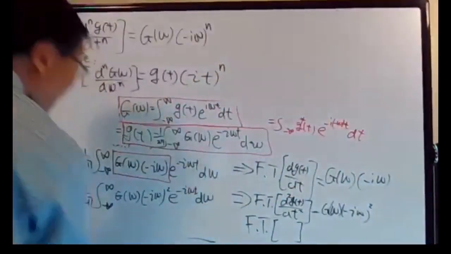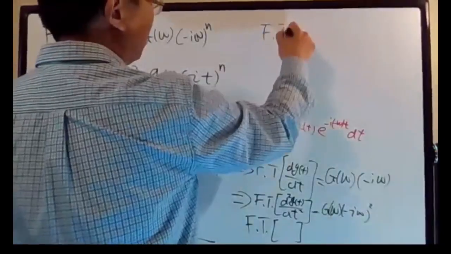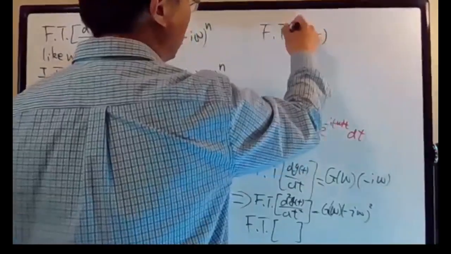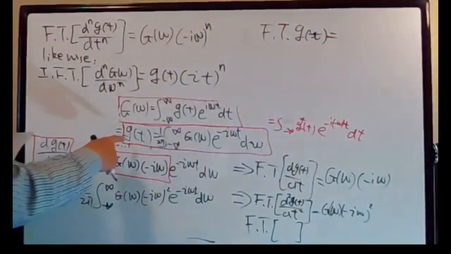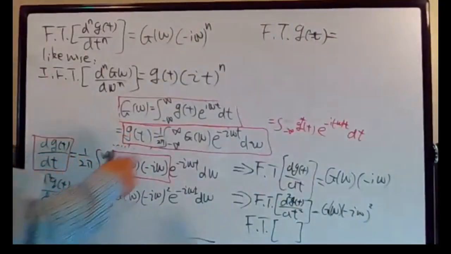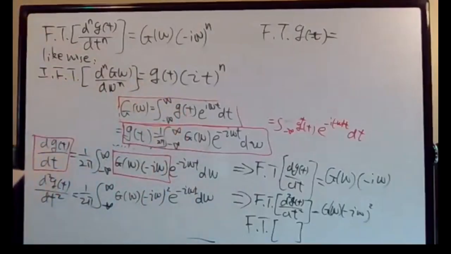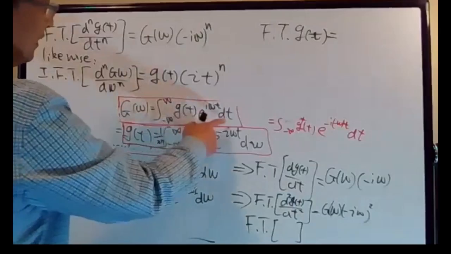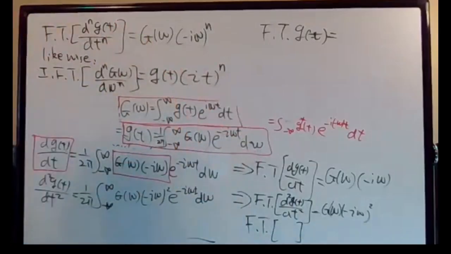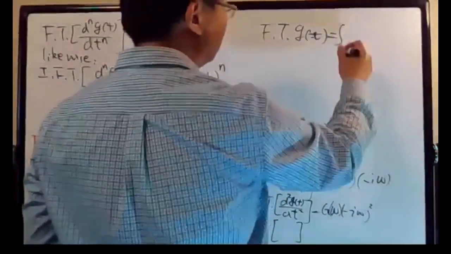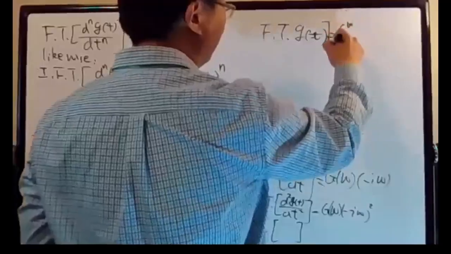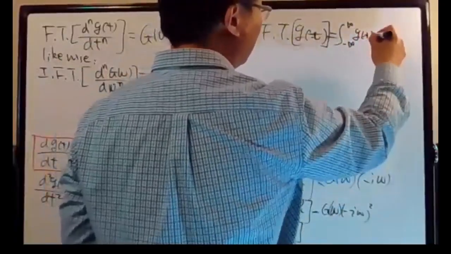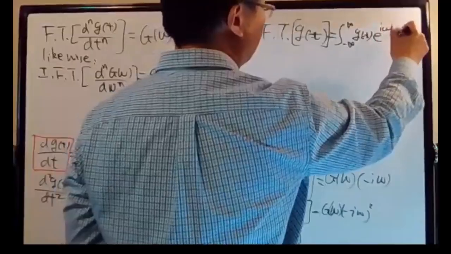Now we have the Fourier transform of g(negative t). So the Fourier transform of g(negative t) will be the integral from negative infinity of g(negative t) times exponential i omega t dt.